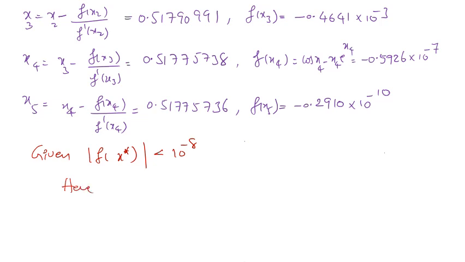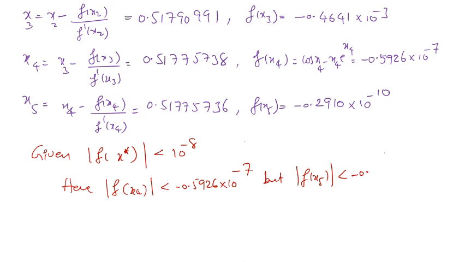Here modulus of f of x4 is approximately minus 0.5926 into 10 power minus 7, which is not less than 10 power minus 8. But modulus of f of x5 is 2.2910 into 10 power minus 10, which is less than 10 power minus 8.